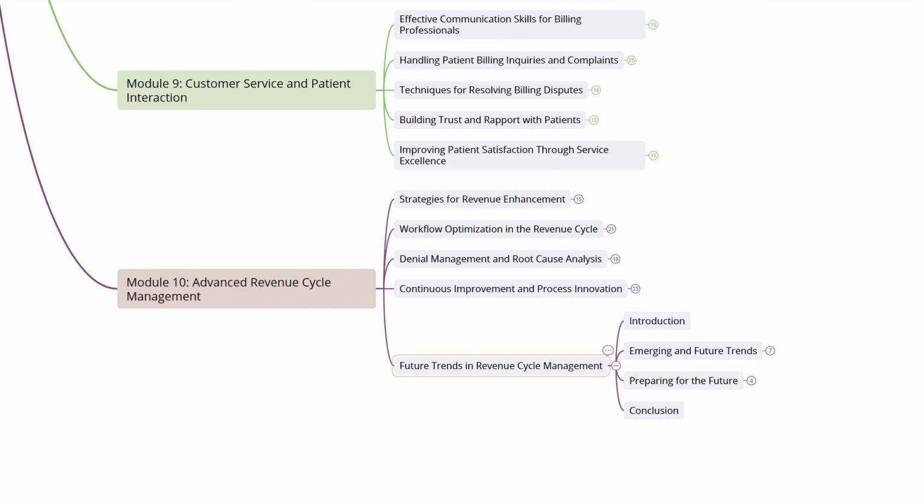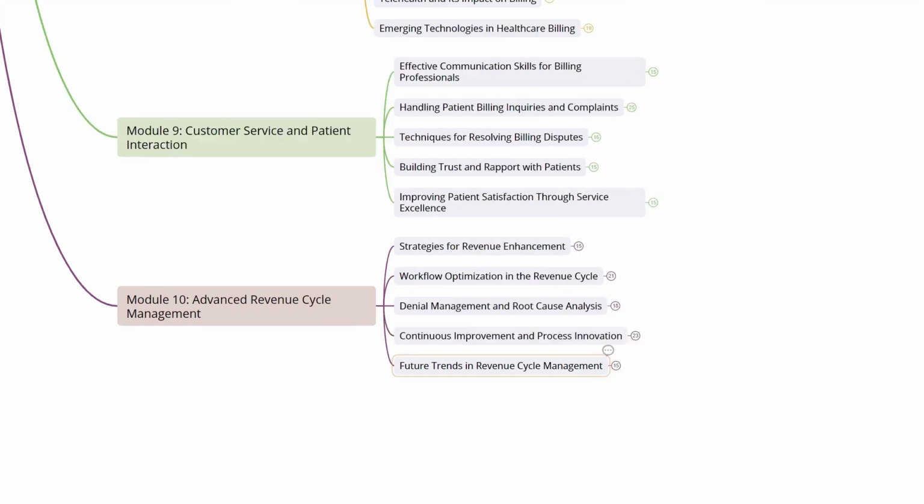Stay ahead of the curve by understanding emerging trends such as artificial intelligence, predictive analytics, blockchain, and patient portals that are shaping the future of healthcare revenue management. Preparing for those innovations ensures your organization remains competitive and compliant.